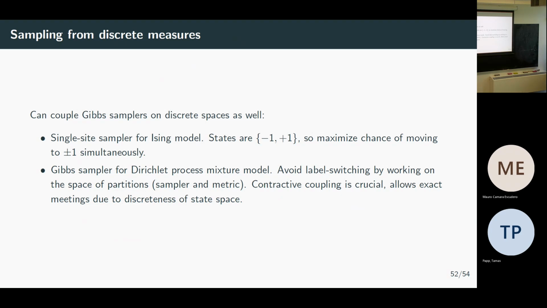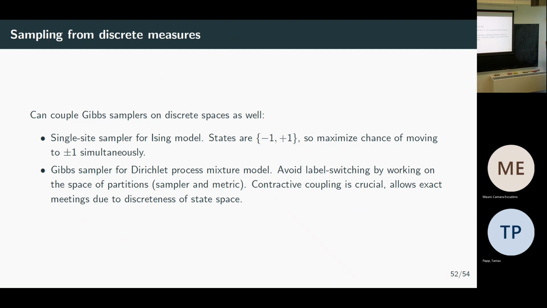This sampler implicitly works on the space of partitions because there's no natural ordering of the labels that it cares about. So to get a coupling of samplers like this, you'd also want to work on the space of partitions. There are metrics defined on the space of partitions that don't care about the ordering of the labels and completely circumvent the label switching problem.